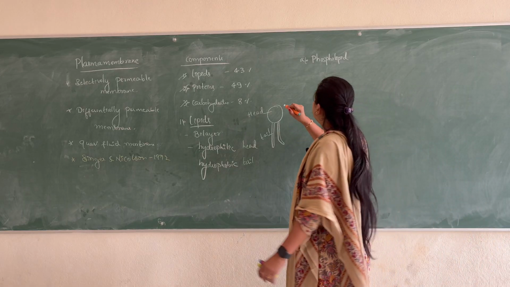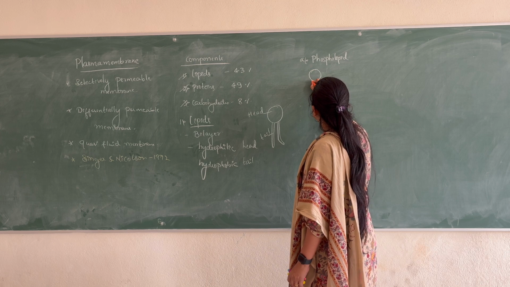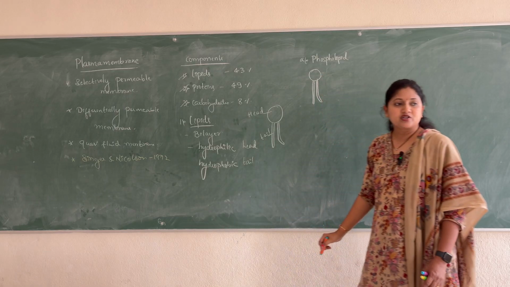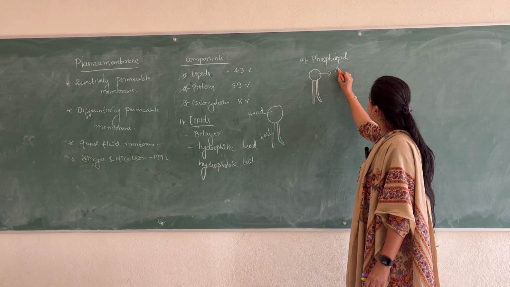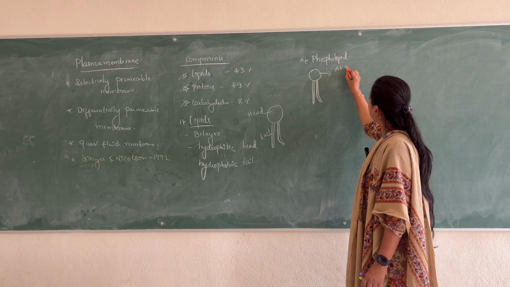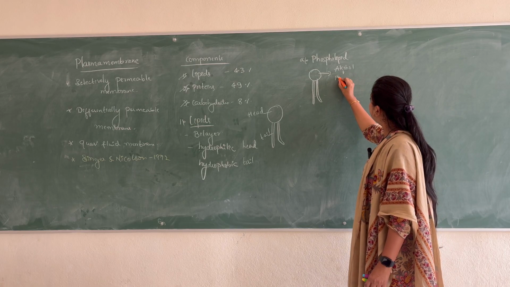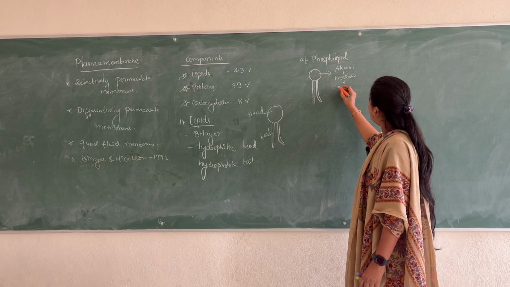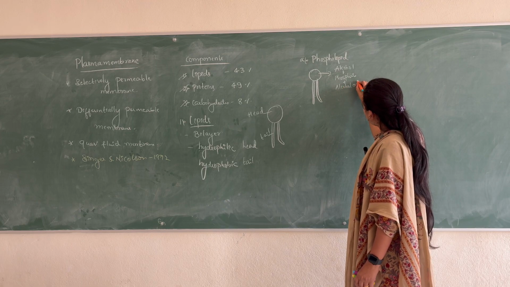If you see the structure, the head and the tail, the head is made up of three components: alcohol, then phosphate, and then one more alcohol attached to the phosphate.